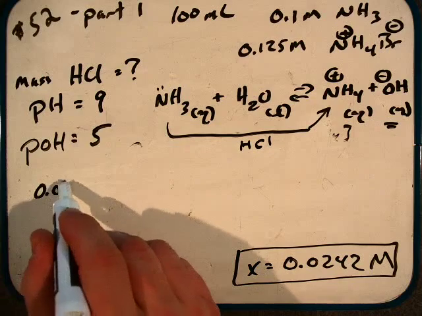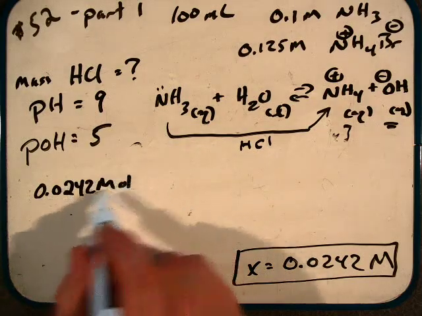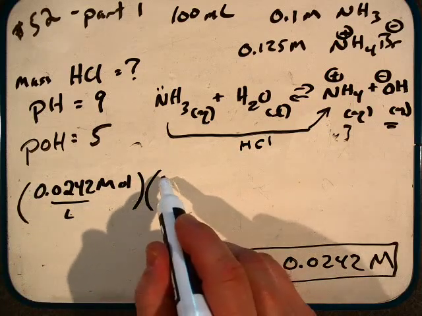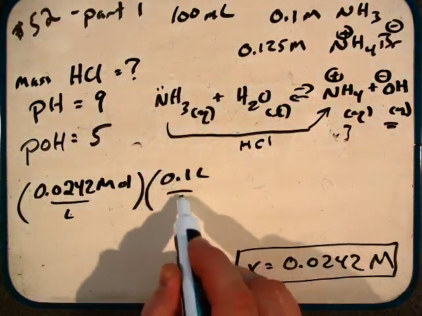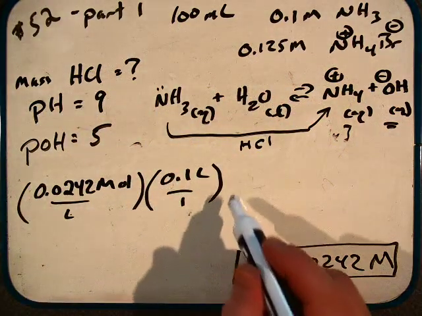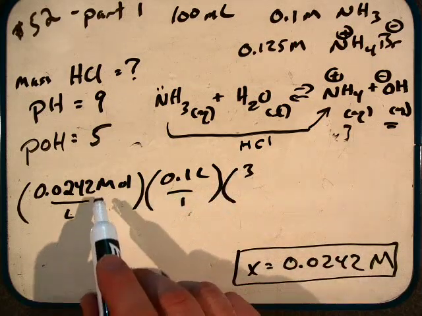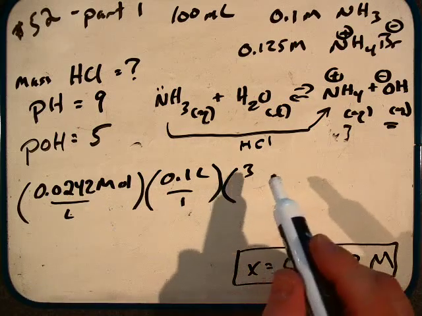We have our 0.0242 molar, or moles per liter. We're going to be in a volume of 100 milliliters, or 0.1 liters, and that would give us moles of HCl required.